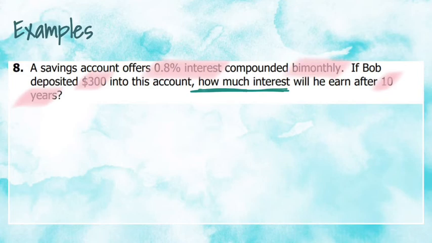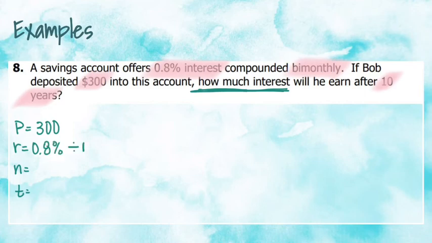So the values we need to find are P, R, N, and T. P is the initial amount that was deposited, $300. R is the rate. It is 0.8%, so we have to divide that by 100, and we're going to get 0.008.